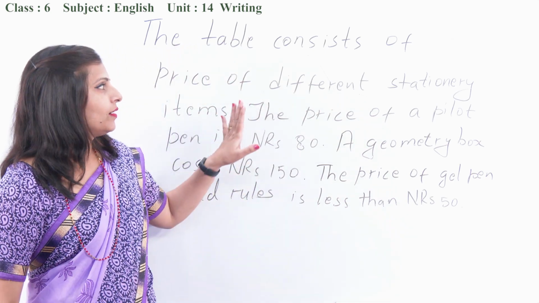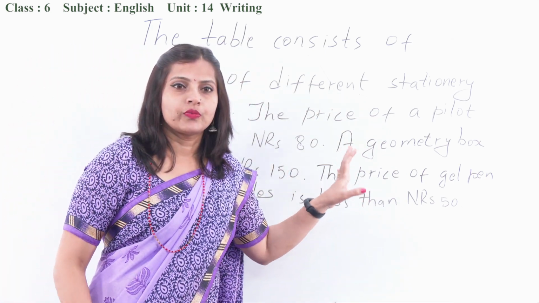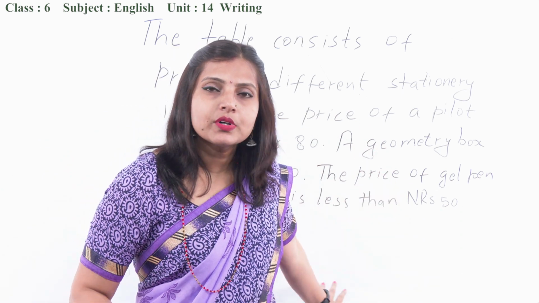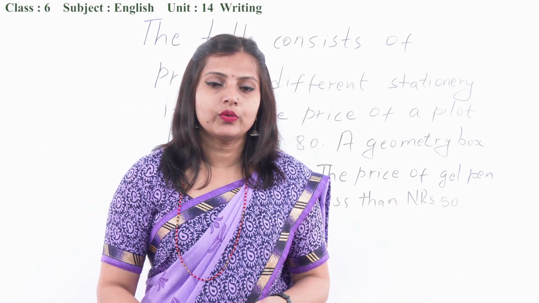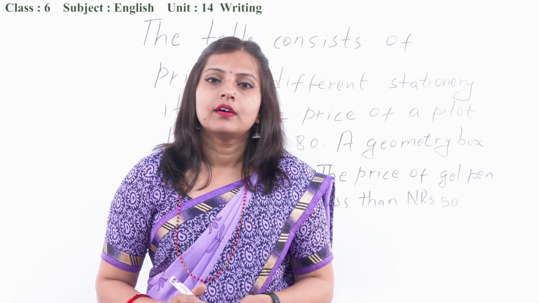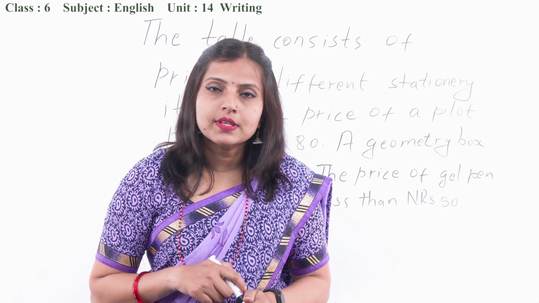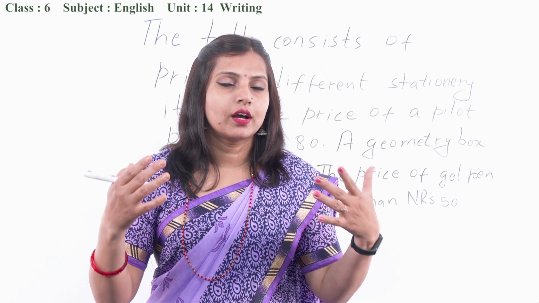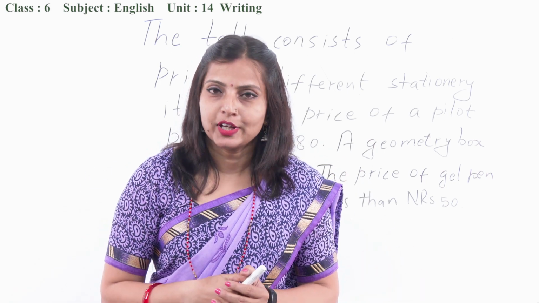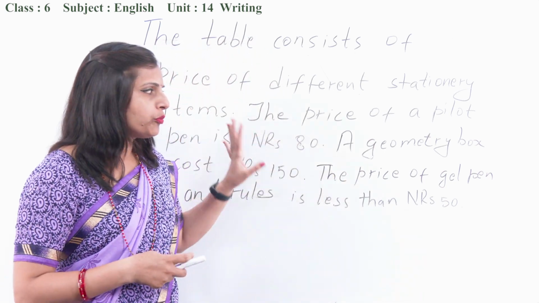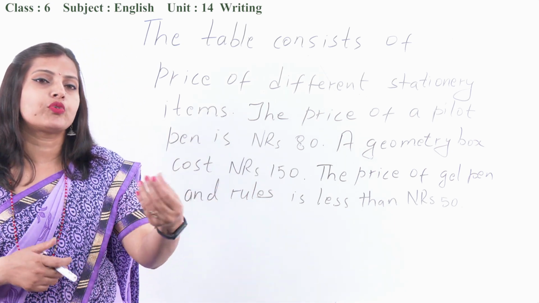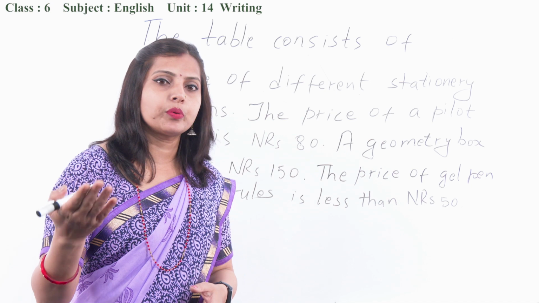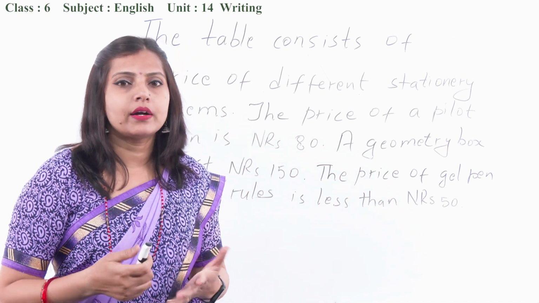Okay, so you can just write this much, or you can add one or two more sentences in the first paragraph. You can say, a pencil box costs NRS 100. Or you can end your first paragraph here, or write the price of two or three more items, like the pencil box and marker also.